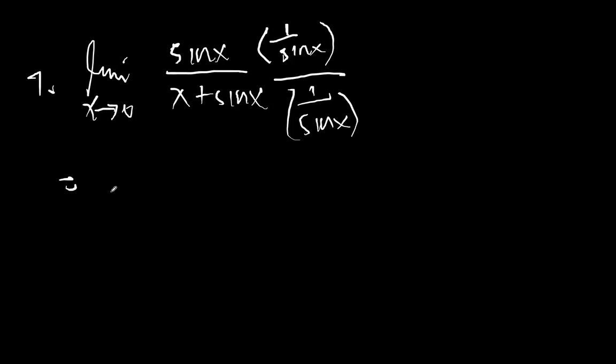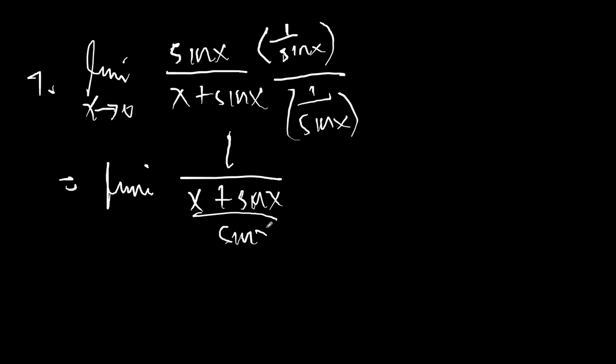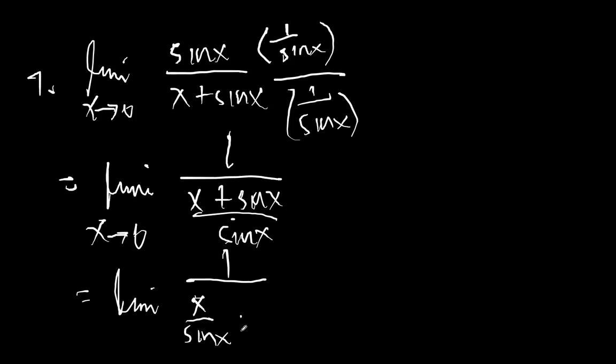Here we go. So we have the limit of 1 over x over sine x plus sine x over sine x, which becomes the limit of 1 over x over sine x plus 1 as x approaches 0.